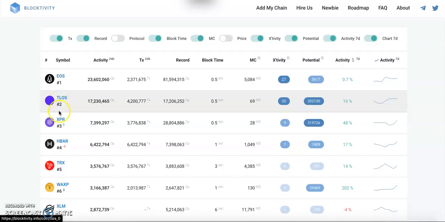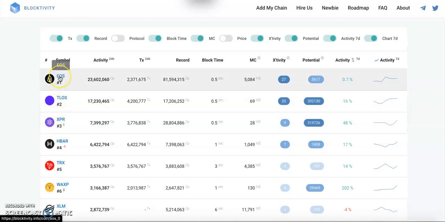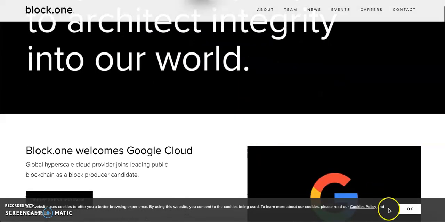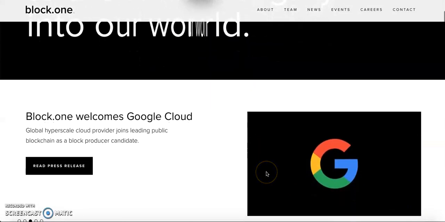Now why do I have more of this than this? I have more of this because this one has first mover advantage, number one. Number two, this one is powered directly by a company called Block One. Let me open Block One for you guys. Now this is Block One. The company behind it, of course, has a partnership with Google.